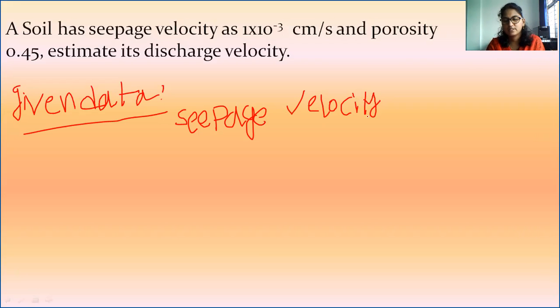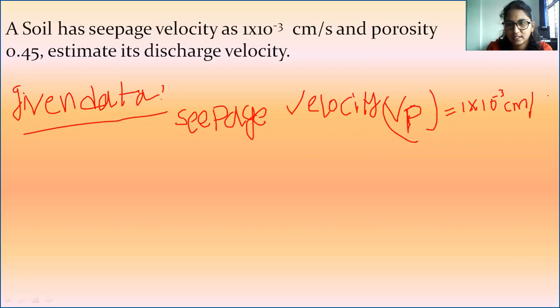Seepage velocity V suffix p is equal to 1 into 10 to the power of minus 3 centimeters per second. And next, porosity.